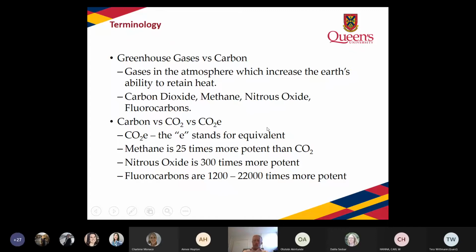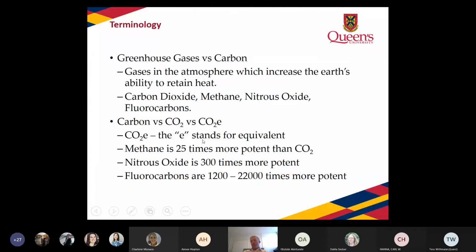Those four items are generated in different ways, and they have different global warming potentials. Carbon dioxide, for the most part, comes from combustion. Methane comes from, for the most part, decomposition. Nitrous oxide is primarily from industrial procedures, and fluorocarbons are typically generated from refrigerants and refrigeration equipment and processes.